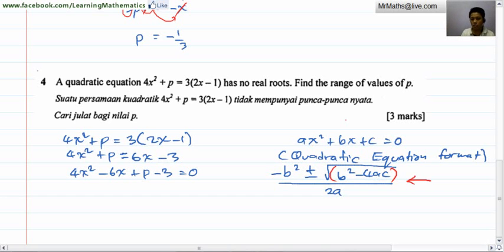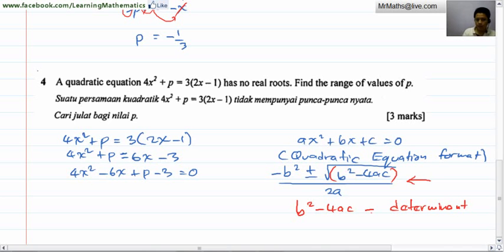That term is called the determinant, a very important part of the equation. If this value is greater than or equal to 0, then the equation is going to have real roots. Otherwise, if it's less than 0, it has no real roots. Does it make sense? Because if it's negative, then you cannot find the square root of a negative value.